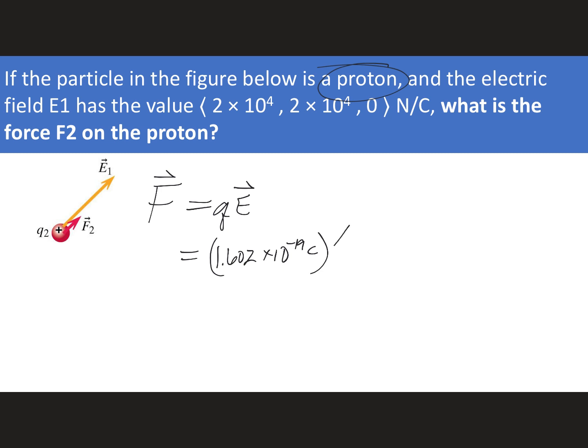And then this E vector, 2 times 10 to the fourth, 2 times 10 to the fourth, 0, and then that was newtons per coulomb. So we plug and chug that stuff. This is still easy peasy. Multiply a scalar into the components of a vector. No big deal. 3.2 times 10 to the minus 17, 15.